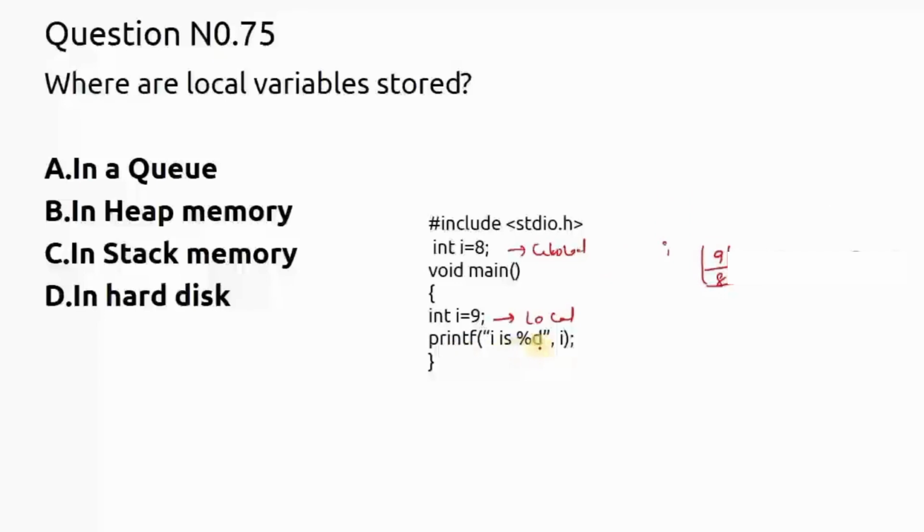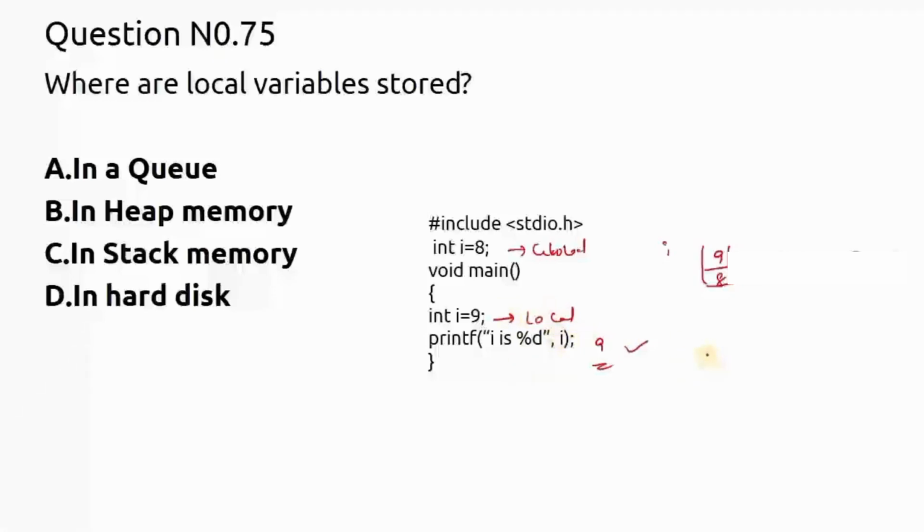Now if you print i, which value will be printed, local or global? So definitely the local value will be taken first. Here i value is 9. That means whichever comes last will be taken first.